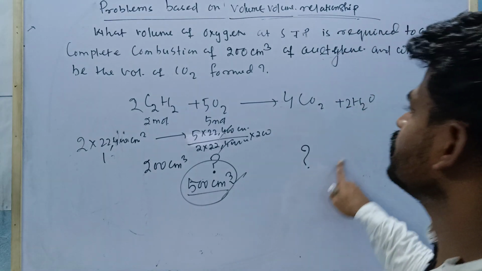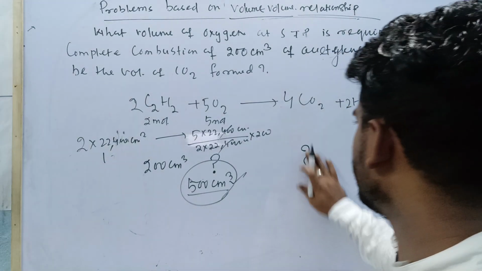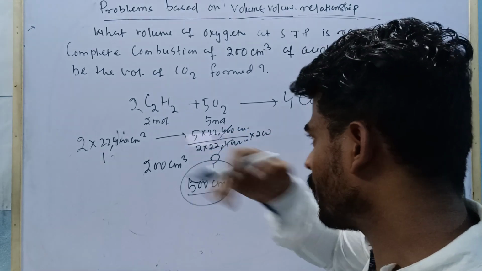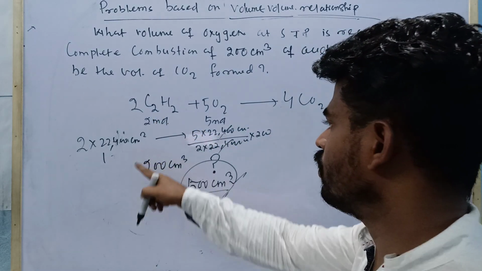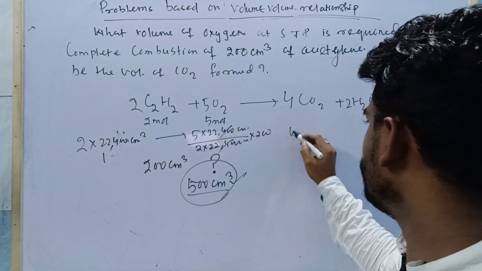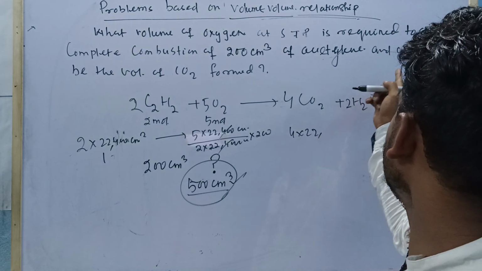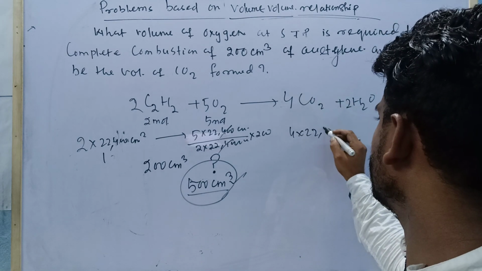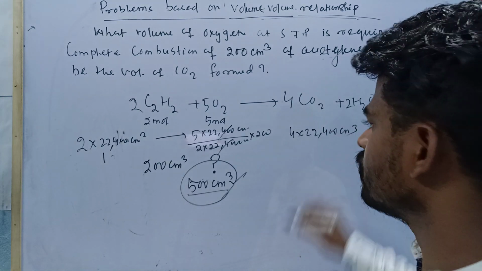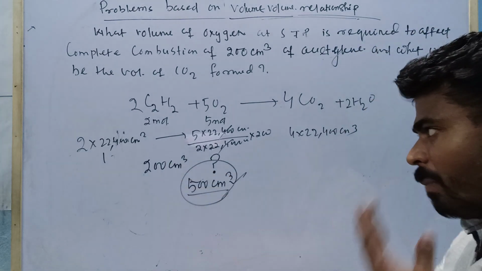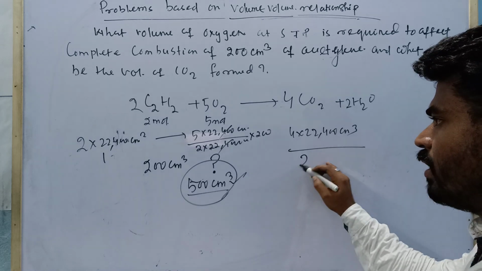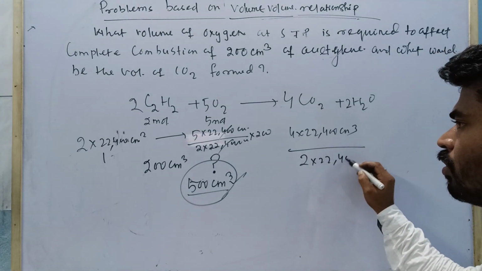Next, you have to calculate what would be the volume of CO2 formed. Again you have to compare. This is 2 into this much, that will be equal to 4 into 22400 centimeter cube. Again for 1, that will be 4 divided by 2 into 22400 centimeter cube.